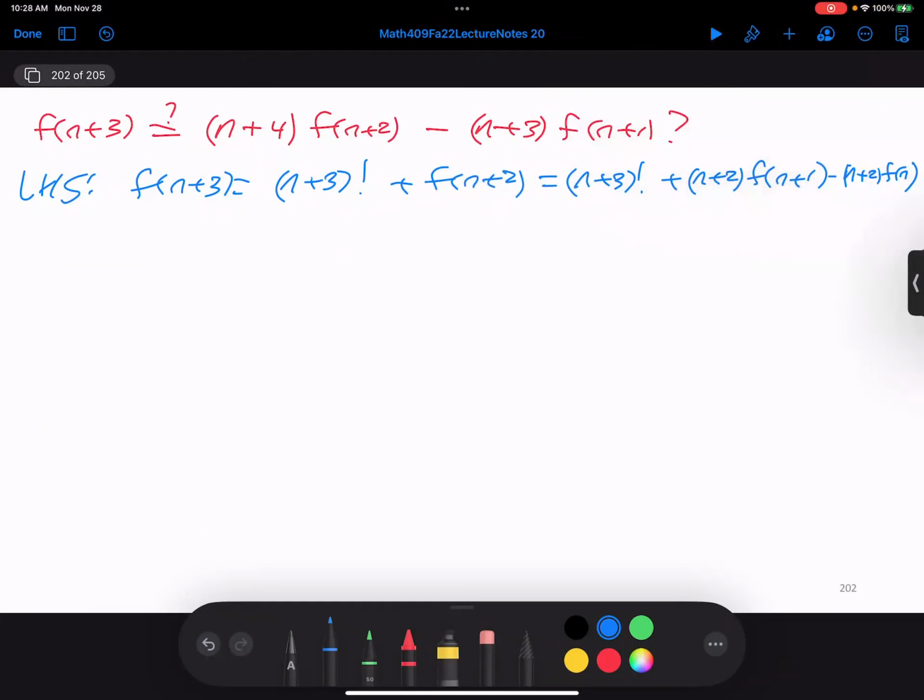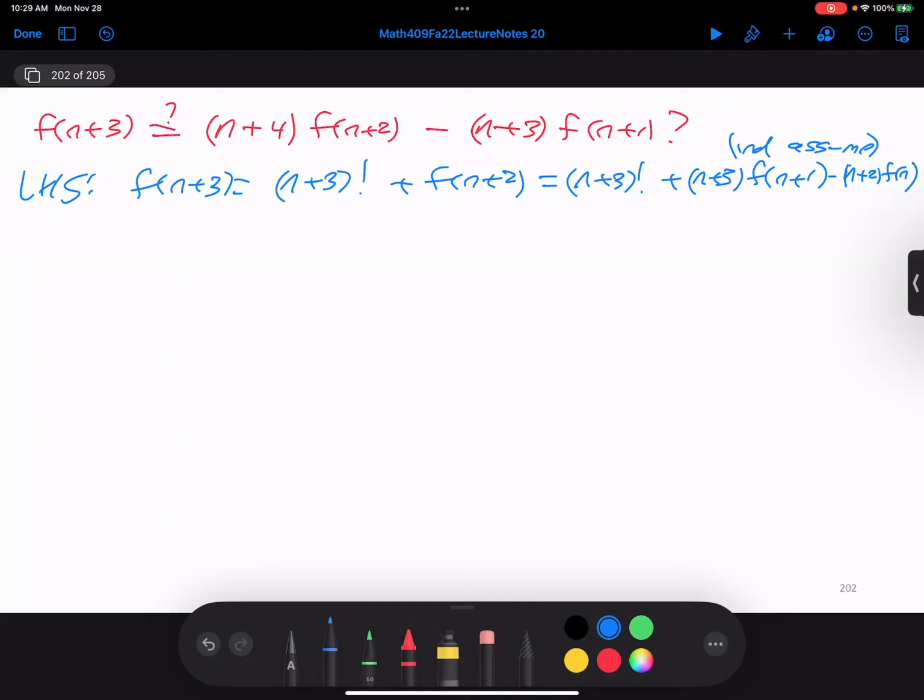Is that right? I think it's F(n+3), yes. And this is the inductive assumption. So that's the left-hand side.